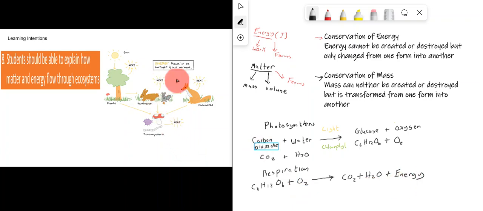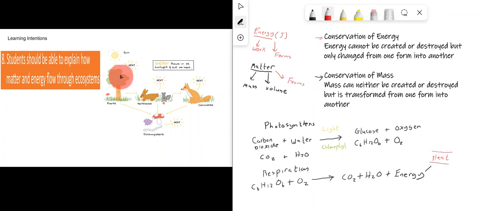So some of this chemical energy is converted into heat energy. And it's the same for us as well. Our bodies are hot, and the reason they're hot is because of this chemical reaction. That's why. The body releases this heat energy back into the environment.